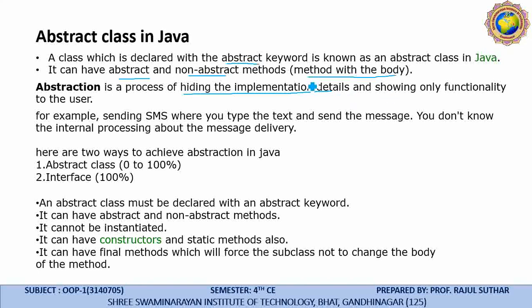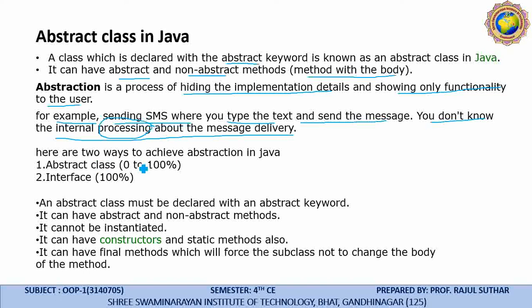So it hides the implementation details and shows only the functionality to users. For example, when sending an SMS, you type the text and send the message, you don't know the internal processing of the message delivery. You do not require the total process, only the output.